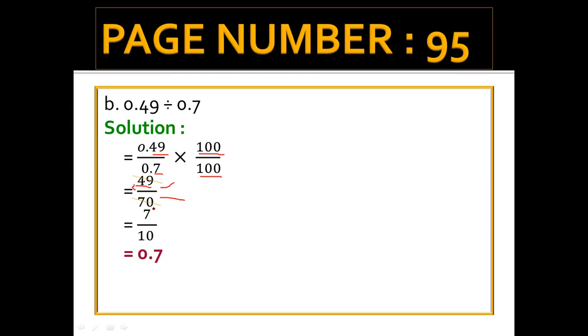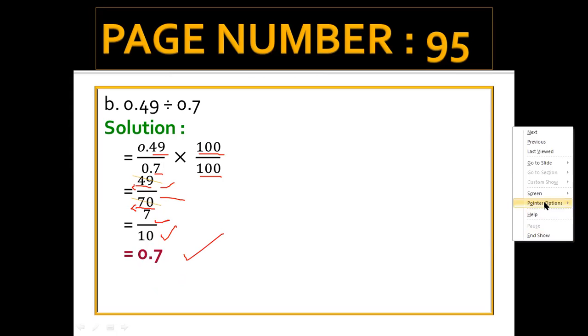When we multiply 0.7 by 100, it becomes 70. 49 over 70: we can divide 49 and 70 by 7, giving 7 over 10. Because the question is to divide, we cannot write our answer in the form of a fraction. We divide 7 by 10, and 0.7 will be our required answer.